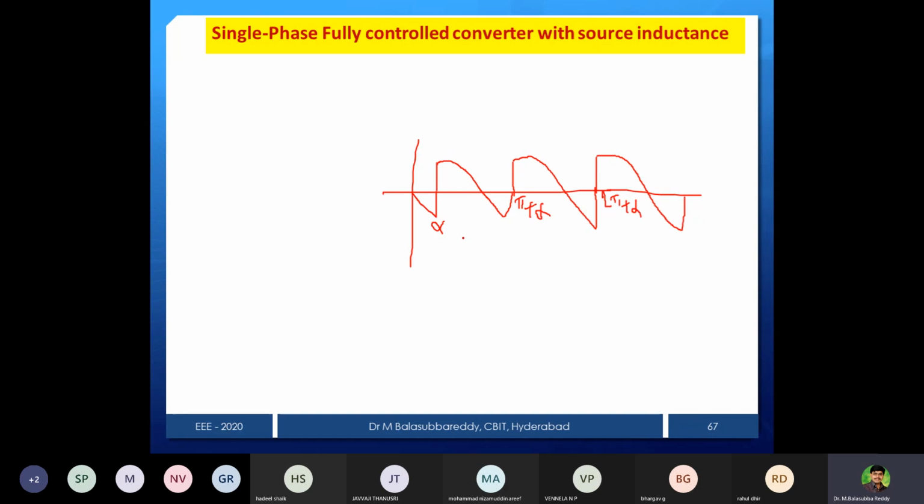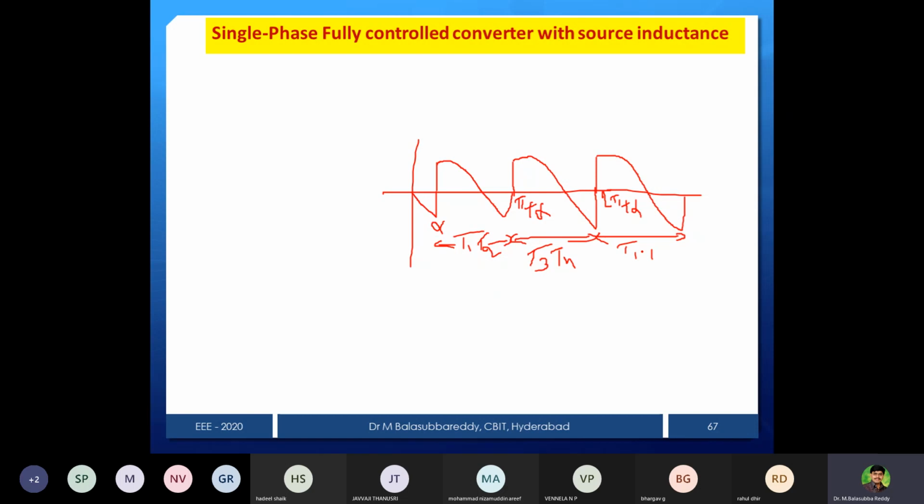The device conductions are: T1, T2 conduct from alpha to pi plus alpha, then T3, T4 conduct from pi plus alpha to 2 pi plus alpha, then again T1, T2 conduct from 2 pi plus alpha to 3 pi plus alpha.